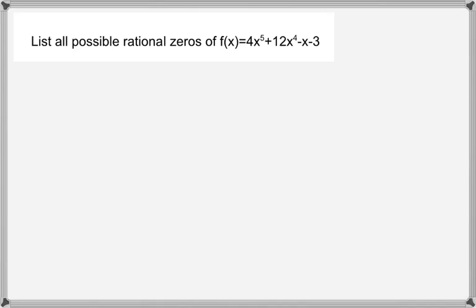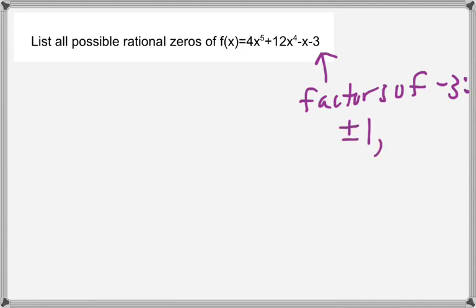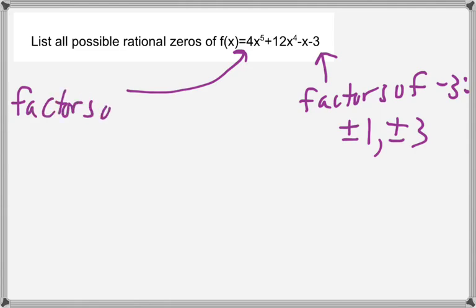All right, let's try this one. We have a constant term of negative 3. So our factors of negative 3 would be 1, negative 1, 3, and negative 3. And then our leading coefficient is 4. So our factors of 4 will be 1, 2, 4, and the negatives of those.